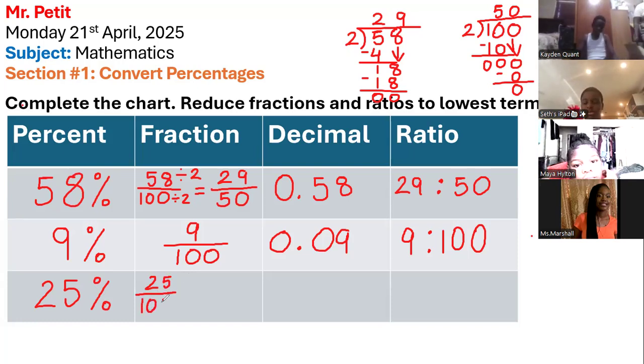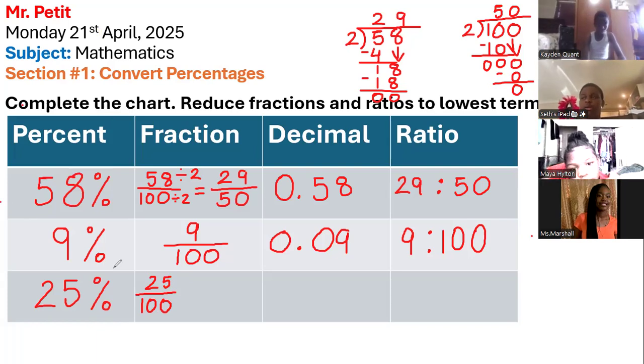Okay. Can we simplify this any further? Yes, sir. Kaden, what could we use to simplify this further? You can use 5. Very good. You can use 25 as well. Okay, all right. Smarty pants.